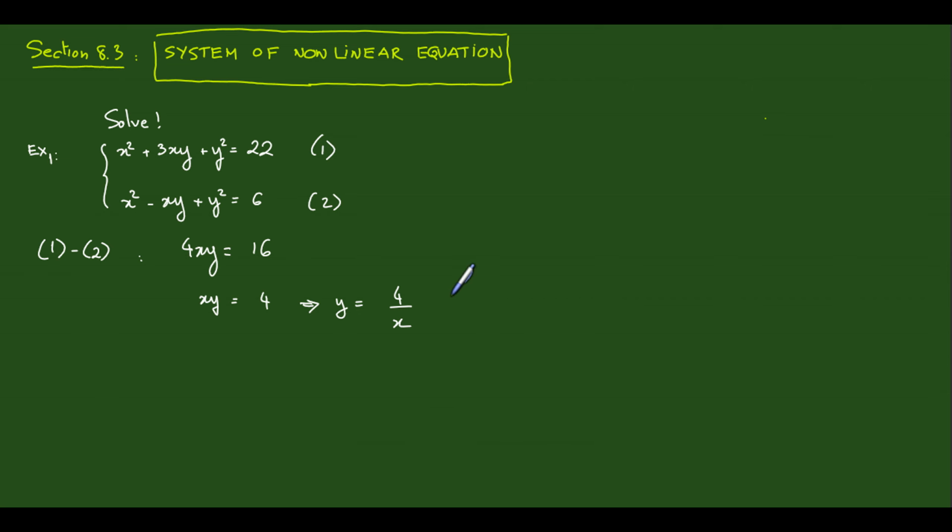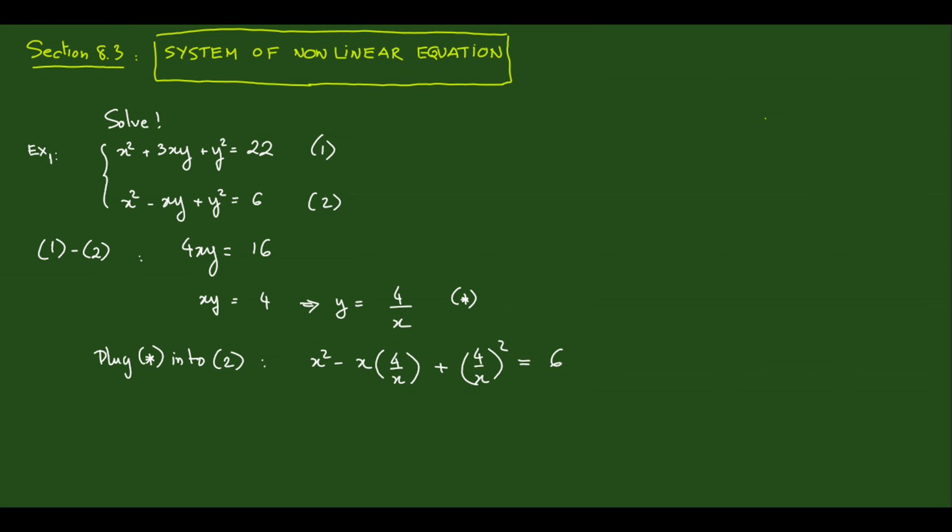Then we have x squared minus x times 4 over x, plus y squared, which is 4 over x all squared, equals 6.